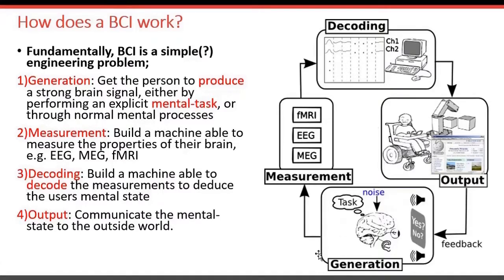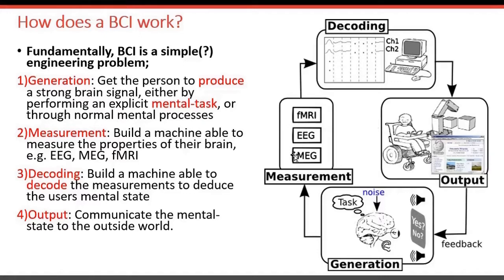Second, since we have this data being generated by the person, we have the measurement part. So we need a system, some kind of technology, some sensors that will pick up the brain signal from the human participant, and then provide us quantifiable data of some form.